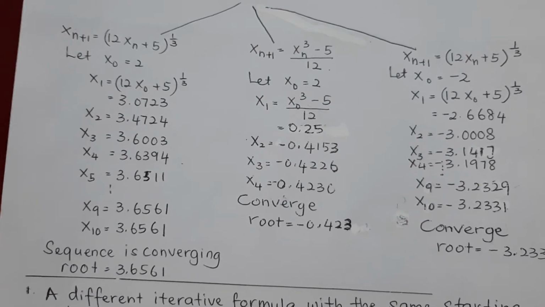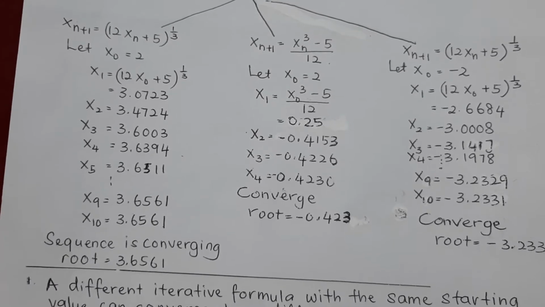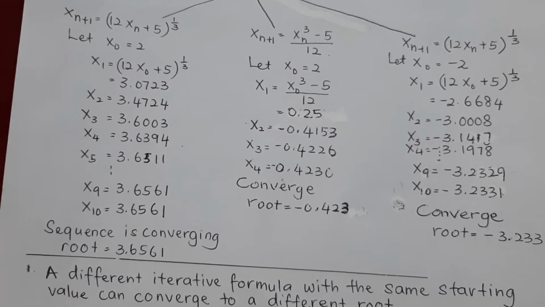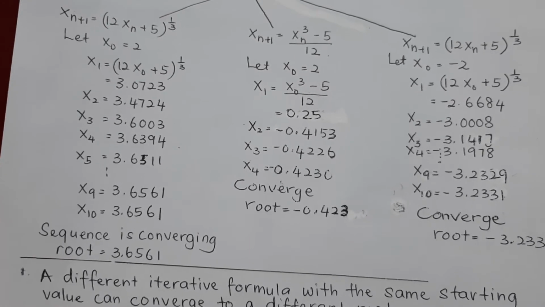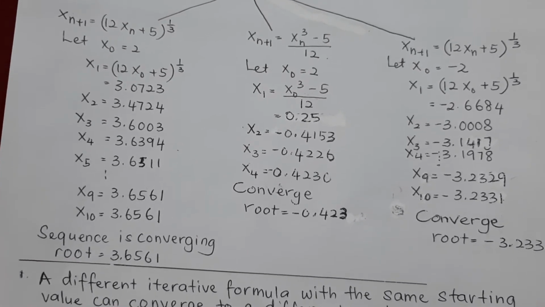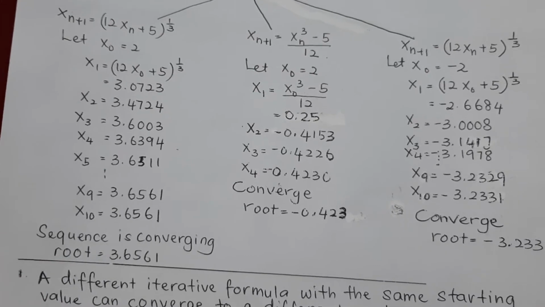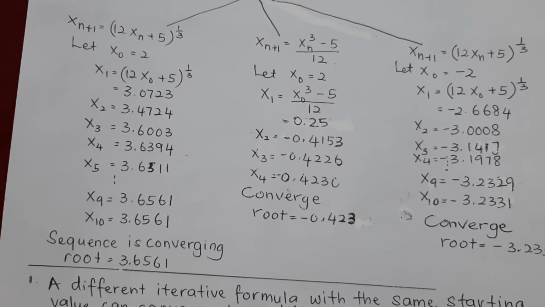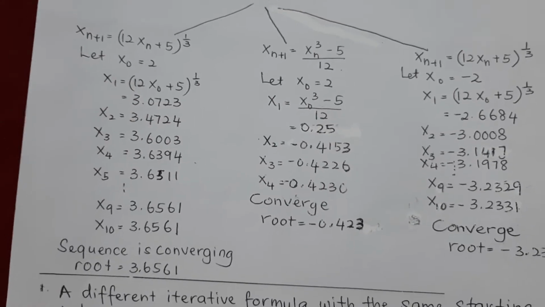It will give you a root of negative 0.423, to three decimal places. So that's the second set.